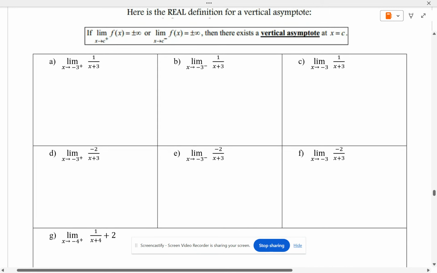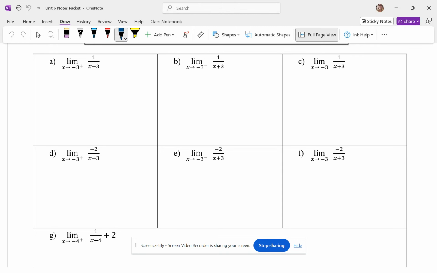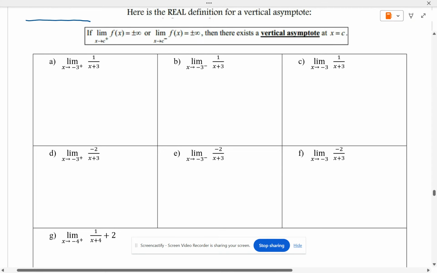Now, as we head in towards -3 from the right, let's figure out what that would look like, okay? When you're envisioning these, I want you to envision a number line, okay? What is really, really, really, really close to -3 on the right? -2 is kind of close, but let's get way closer. -2.9999, okay?